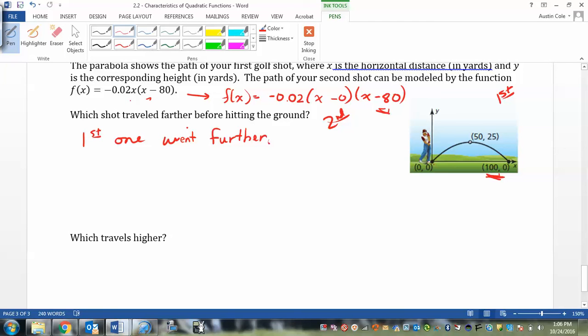Now, which one went higher? How are we going to figure that out? Plug it in. The maximum height occurs where?